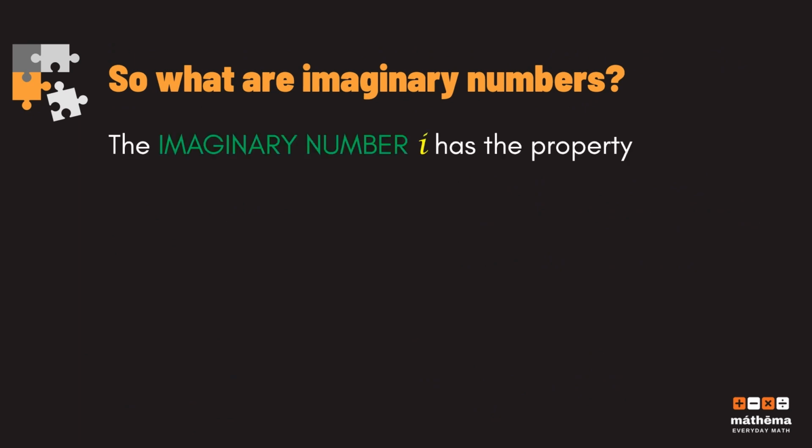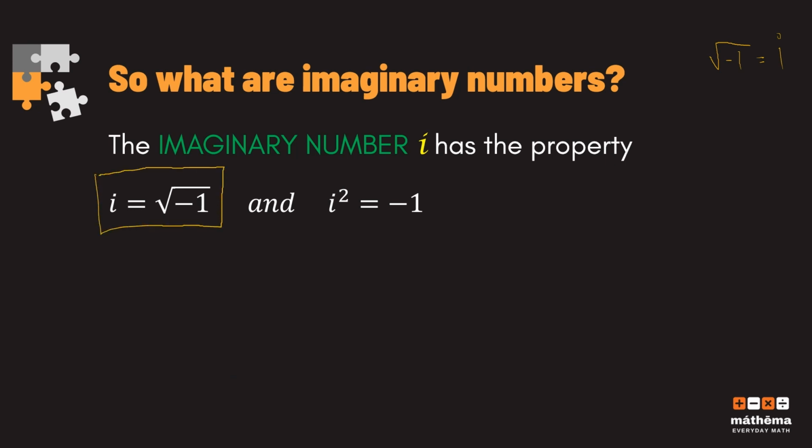The imaginary number, denoted by I, has the following properties. Number 1, I is equal to the square root of negative 1. So if we get the square root of negative 1, that is just equal to I. If we do the reverse, I squared will give us negative 1. This is the second one.